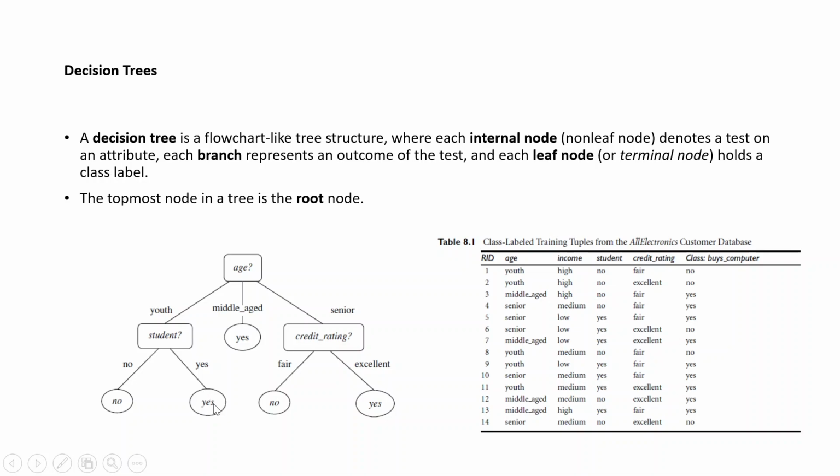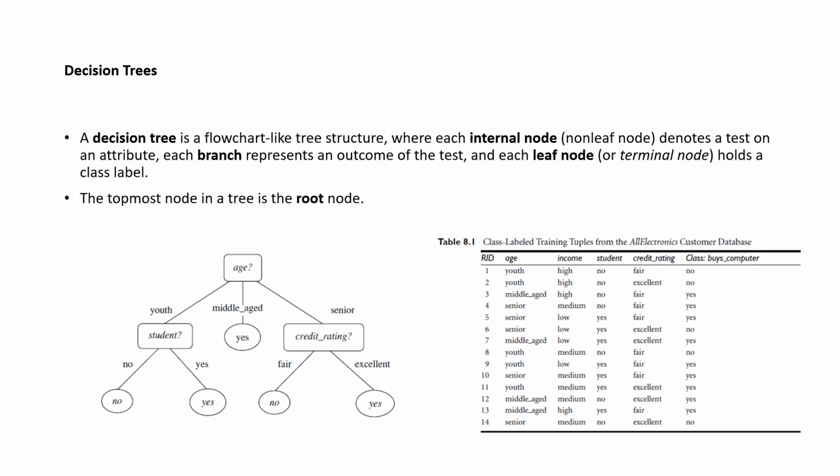If it is yes, this class contains only individuals who will buy a computer, and you do not have those with no values, which means you have a uniform data set. So the entropy is minimum. Basically, that is what we want.